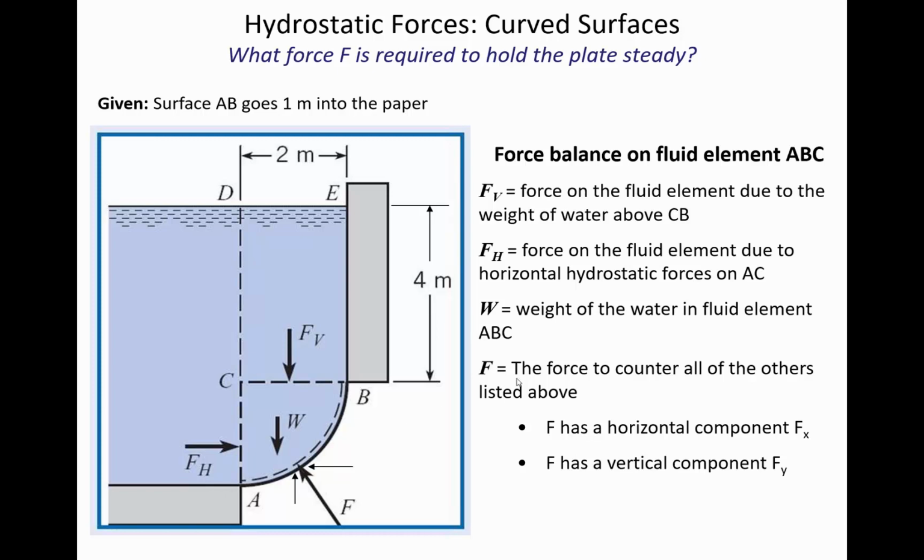So to find the F overall, the force required to hold the system steady, it's going to have a vertical component and a horizontal component. And so we're going to find its constituent pieces and then find the resultant magnitude from that.